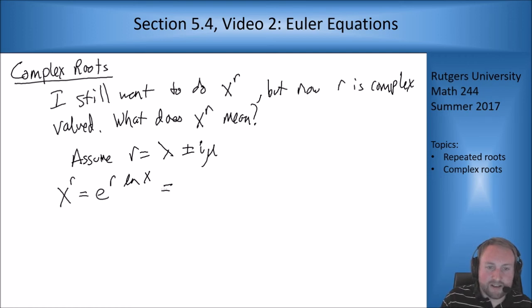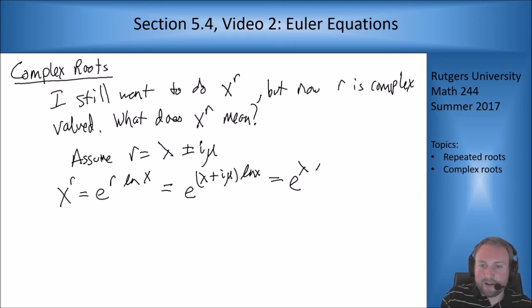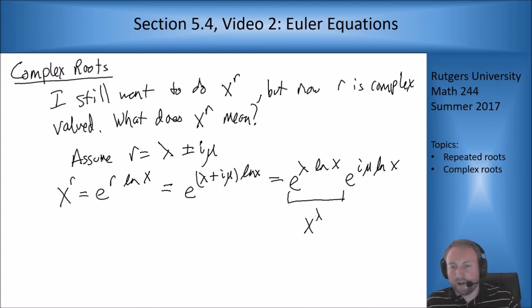So this is e to the lambda plus i mu log x, which is going to be e to the lambda log x times e to the i mu log x. Now this part here is nice. This is just back to x to the lambda, and since lambda is real valued, we're good there.